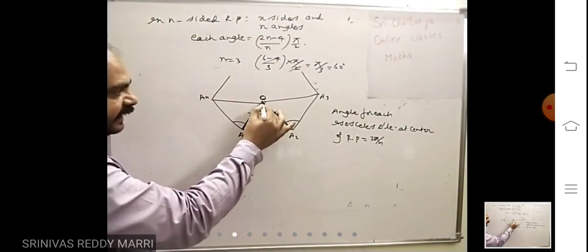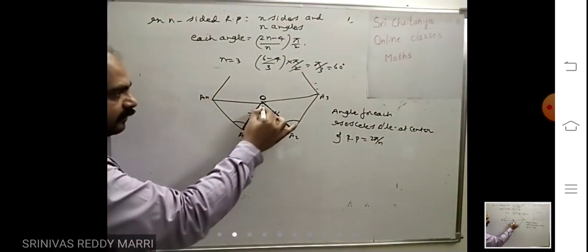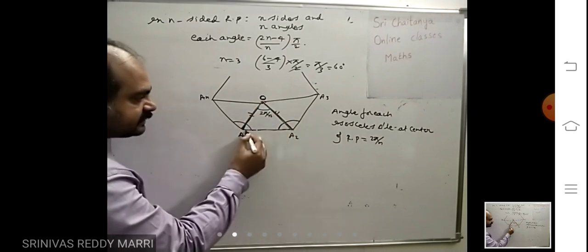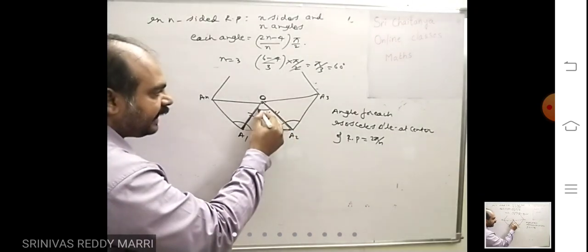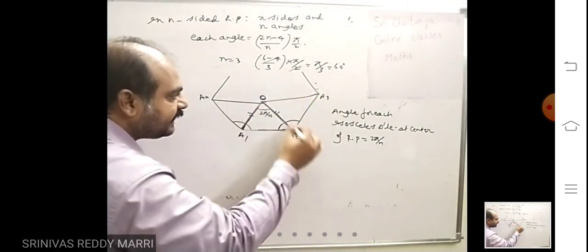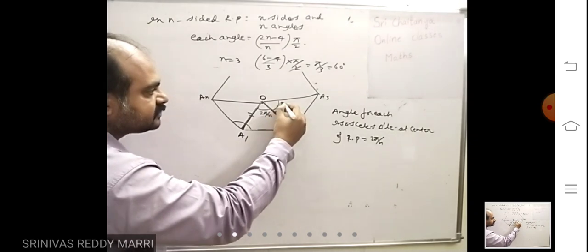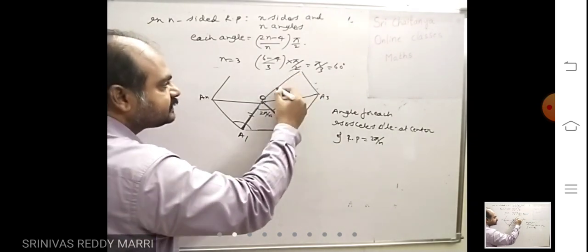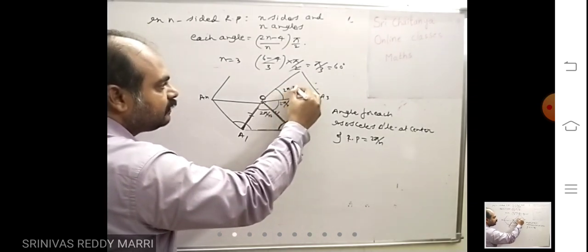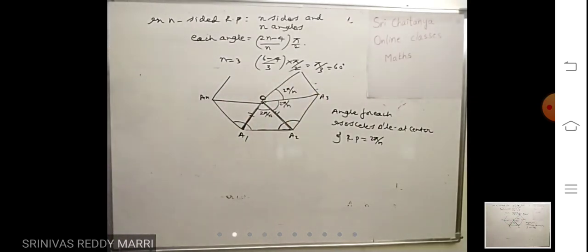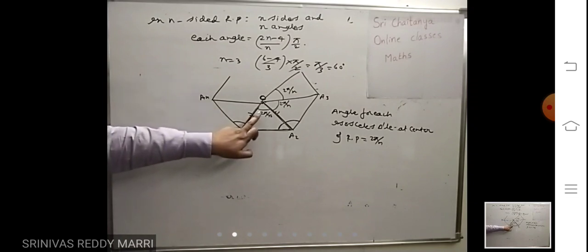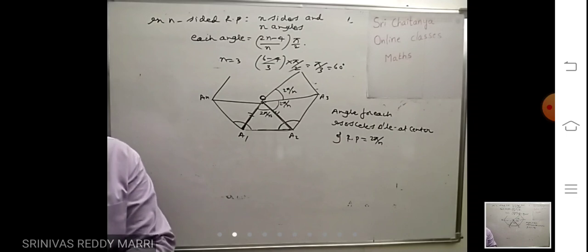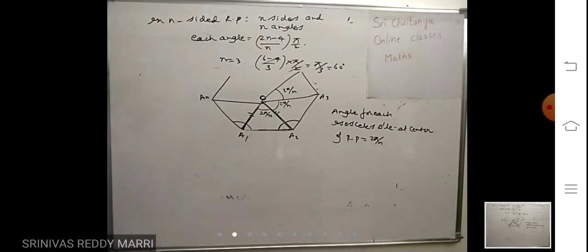Like that, for each triangle, this length will be equal to this length, so this is an isosceles triangle. The angle at the center is 2 pi by n. Similarly, for the second triangle, this angle is 2 pi by n. For this triangle, this angle is 2 pi by n. This point you have to remember: the angle at the center is nothing but 2 pi by n.